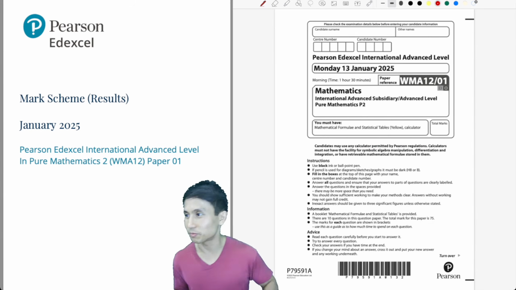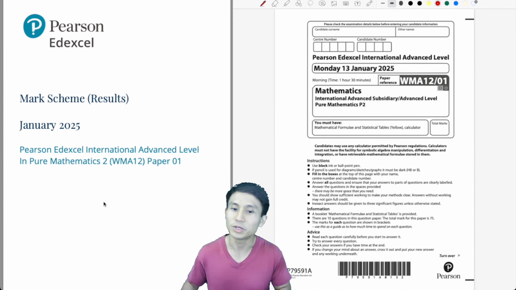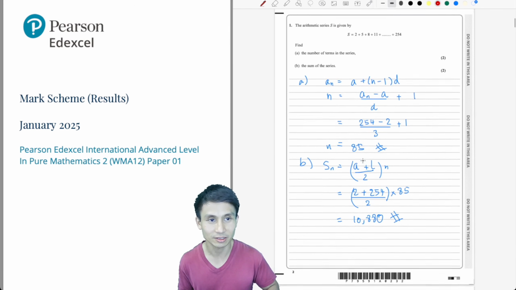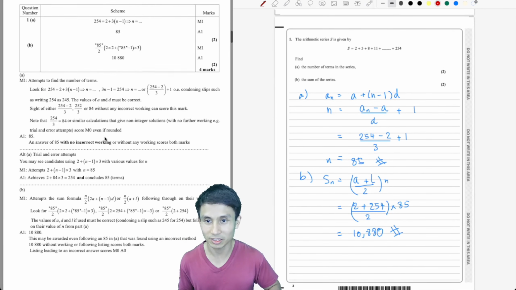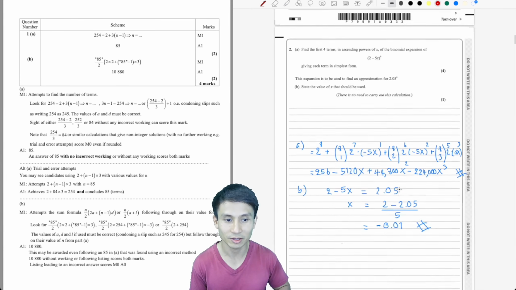Okay, let's mark the paper together. This is the mark scheme for P2 January 2025, right? Let's make a start. That's my first question, and this is the mark scheme. Okay, so the first one, 85, 10, 8, 8, 10, 0, 8, 8, 0, that's fine.